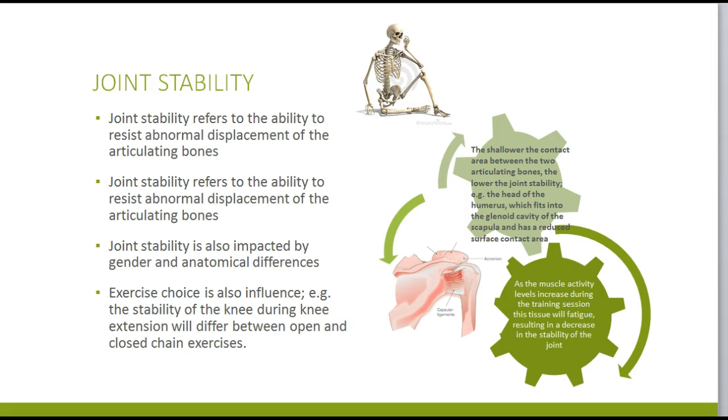The joints in our body include ball and socket joints and hinge joints, and our ball and socket joints tend to be the most unstable. Because they've got a huge range of movement, they're easily displaced. So we need to be very mindful about joint stability.